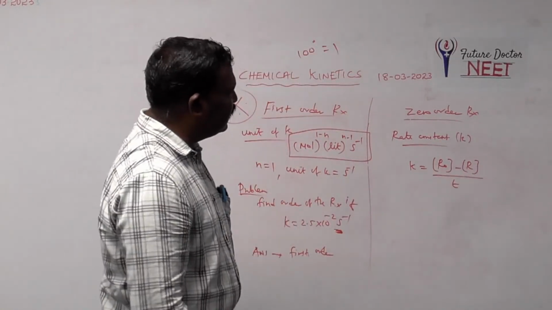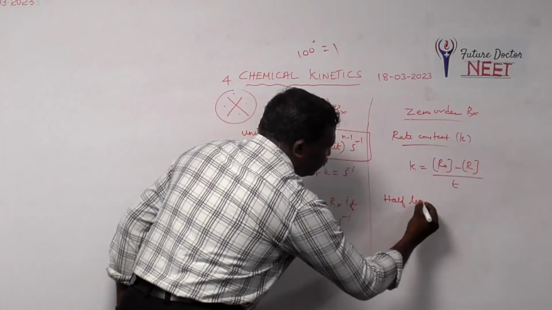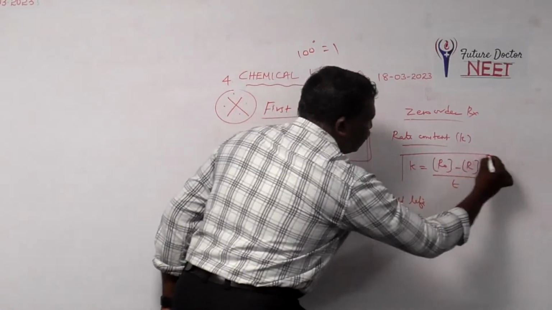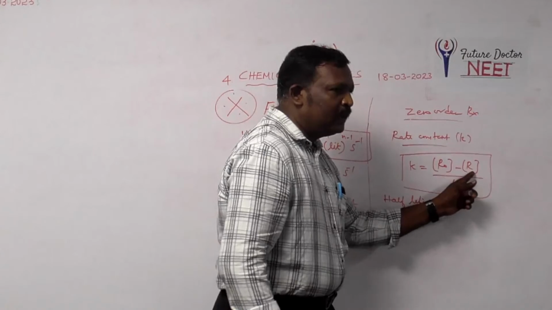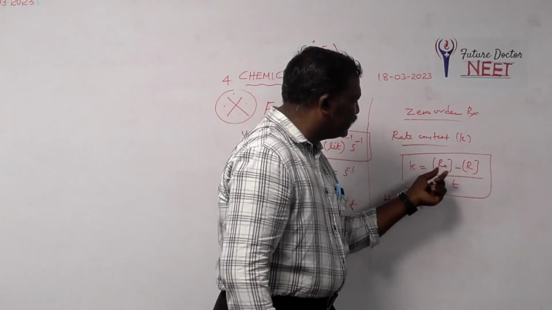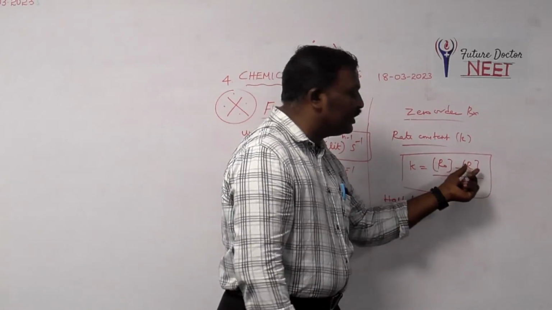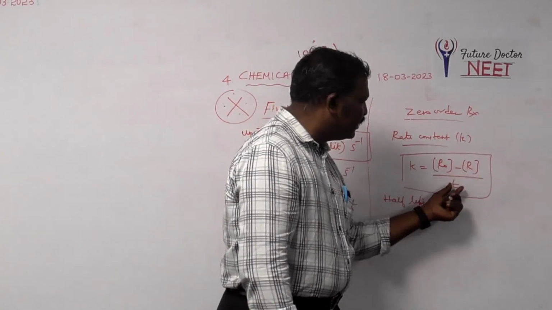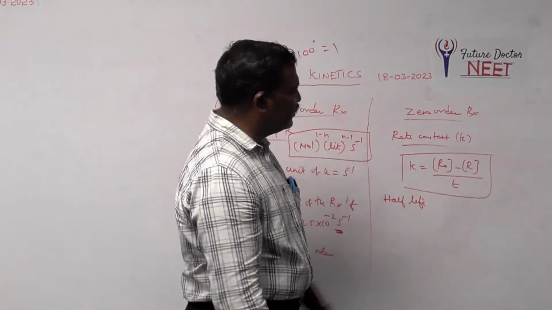Then here also the half-life period, just write one by one. Just memorize the formula. The final concentration will be given. Initial concentration minus remaining concentration, that's the meaning, divided by time t. You just subtract and divide by time to get the answer.